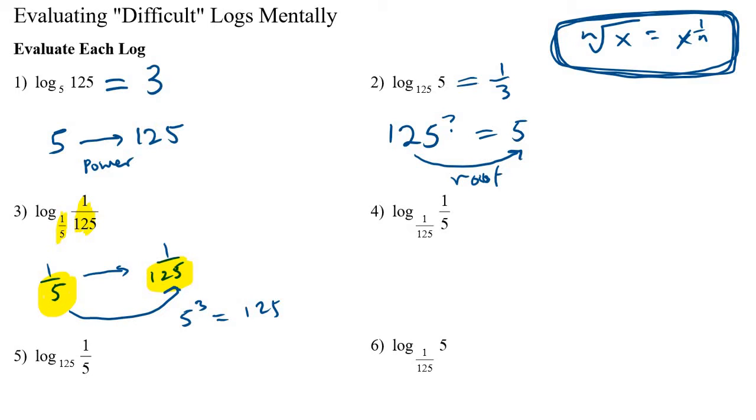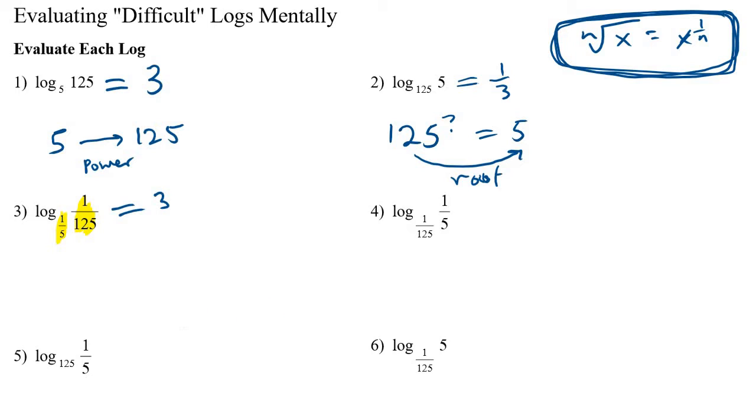Because they are both fractions, the answer to this will just be 3. I want to prove to you that it's just 3, the same thing, just looking at the denominator. Let's prove it. That is 3. So we can do 1/5 to the 3rd power.